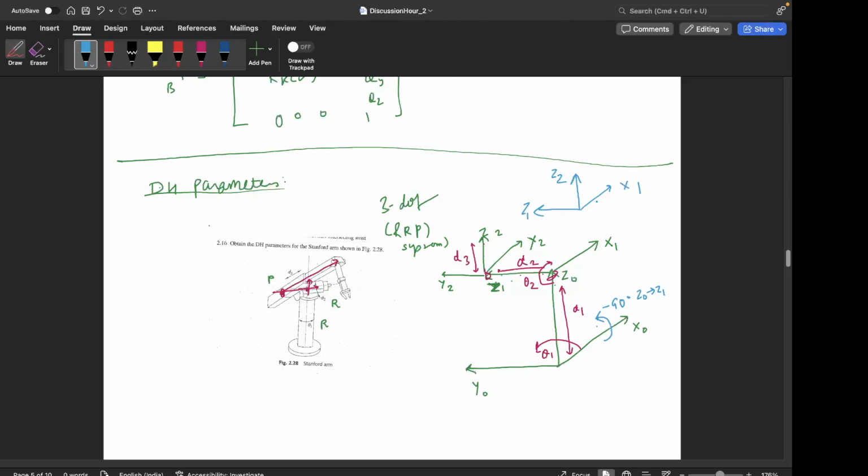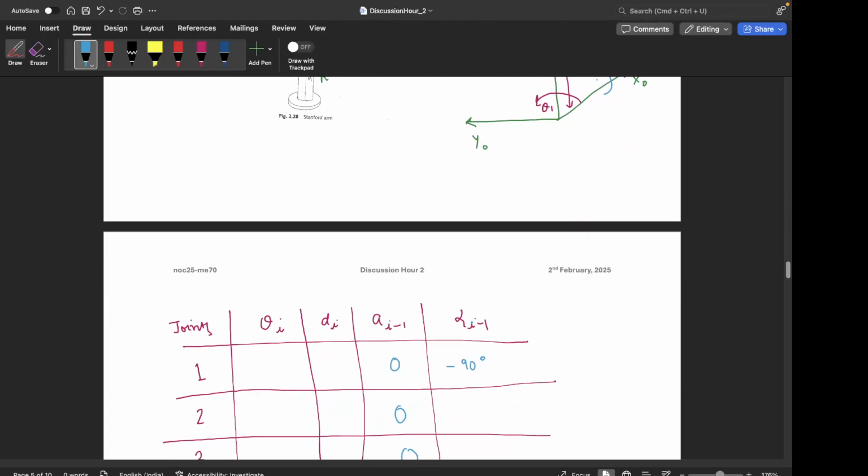So here we have to rotate about x1 like this in order to go from z1 to z2.